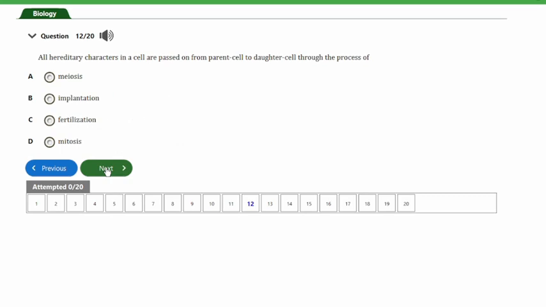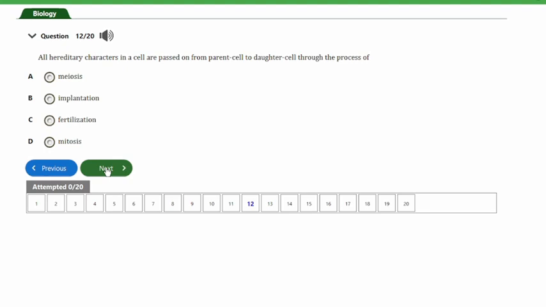It says, all hereditary characters in a cell are passed on from parent cell to daughter cell through the process of A. Meiosis, B. Implantation, C. Fertilization, D. Mitosis. So guys, the answer to this question is option D, and that's mitosis.